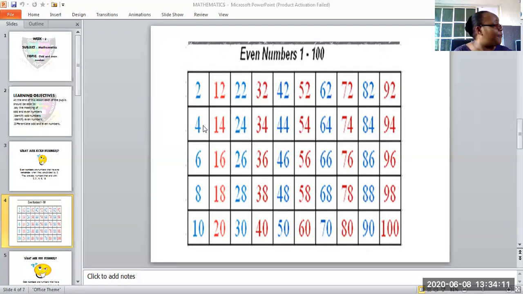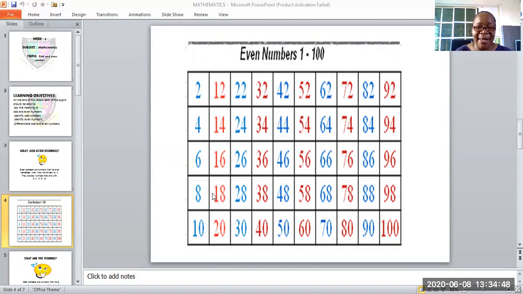When you look at number 4, every number here ends with 4. Are we clear? 14, 24, 34, 44, and so on. Do we understand?